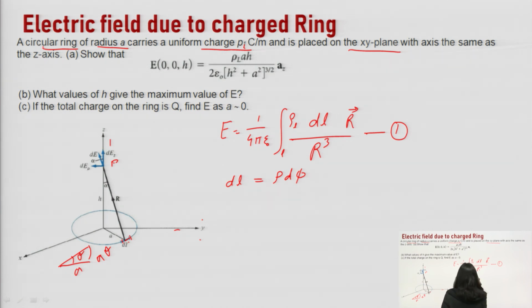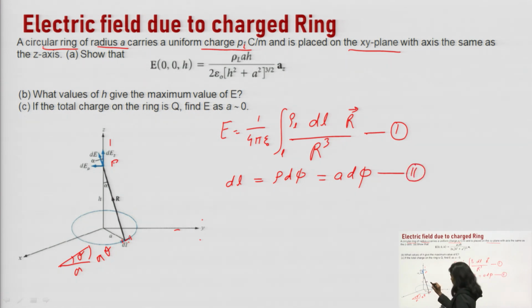So, rho d phi, where rho is the radius of the ring. However, here rho is given as a, so we will replace it by a d phi. Let it be called equation 2.